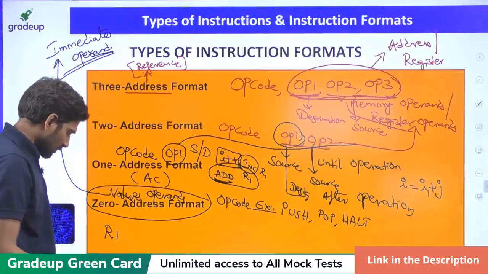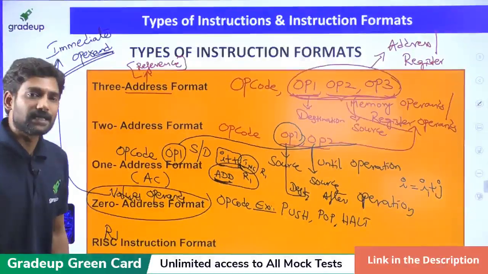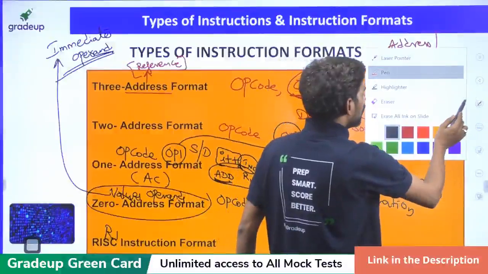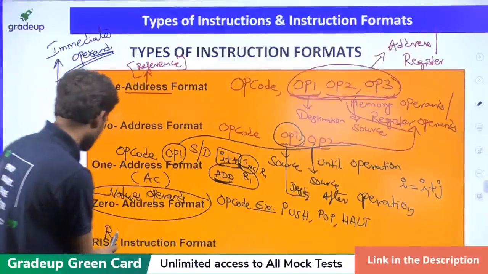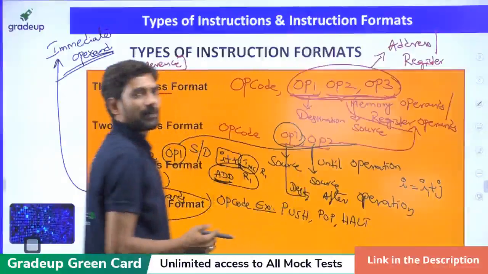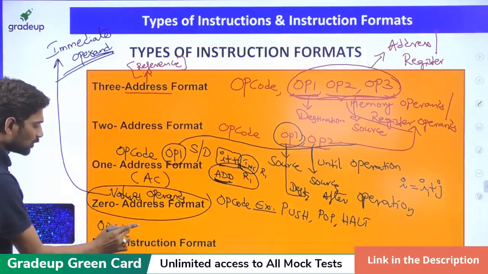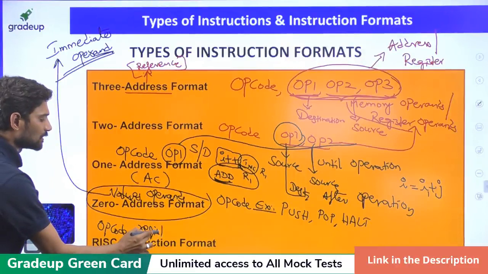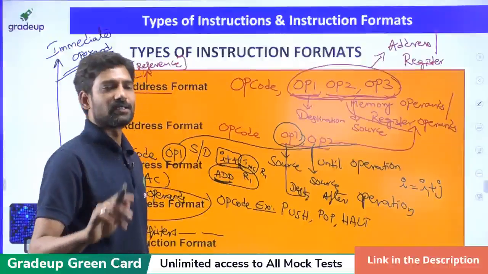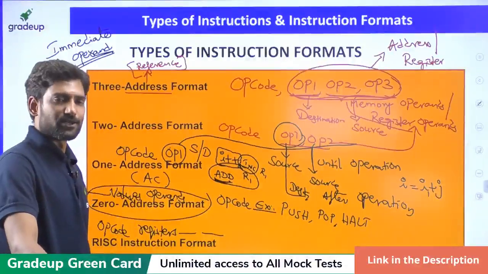Then we have the RISC instruction format, the last one. Here the operands will be only registers. RISC supports only register operands, like opcode followed by registers. Sir, how many? That is variable. There is no fixed number here. You can write multiple registers.